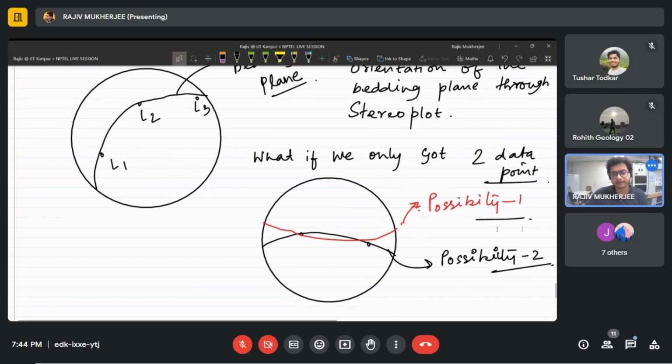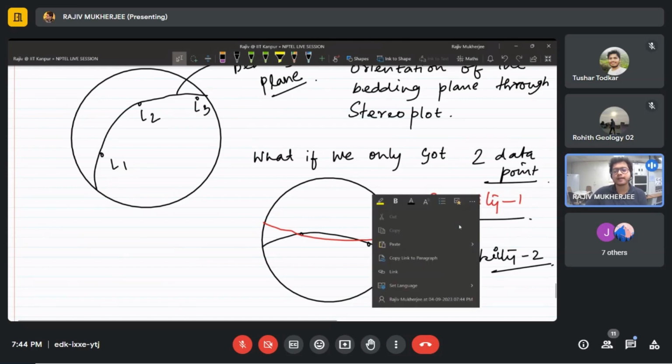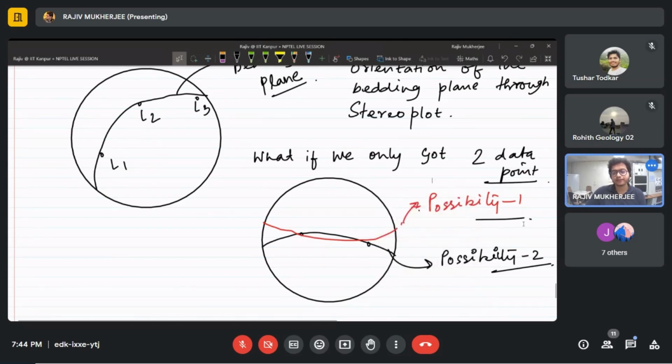Not 100%, say it is 50% the probability. So the probability is 50%, and therefore the error should be like that. So it is either this one or this one. So in field, how much data should we collect? What do you think?